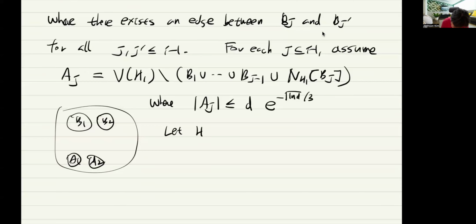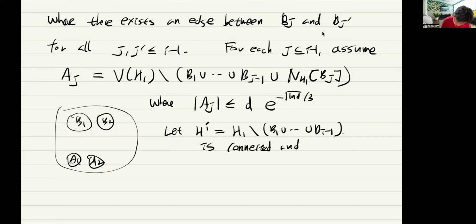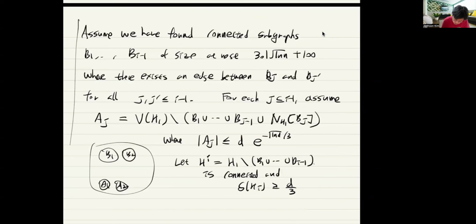And let Hi be H1 minus B1 to B(i-1). And assume that this is connected and the minimum degree is at least D over 3. So assume this one holds.